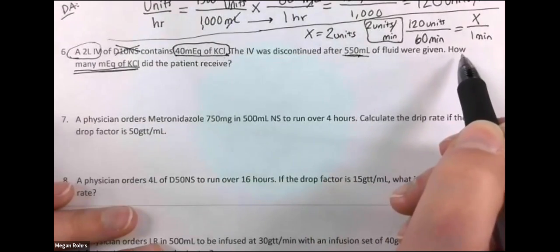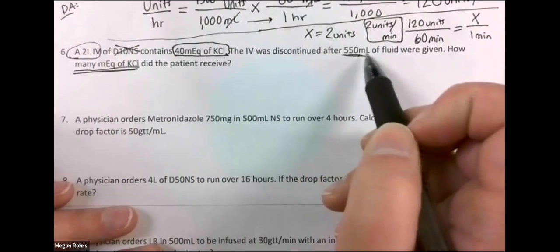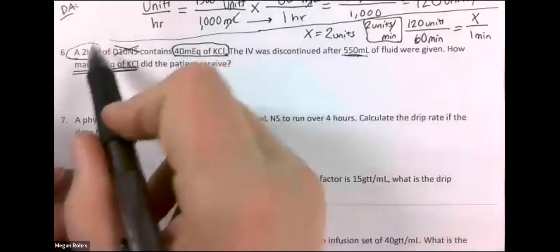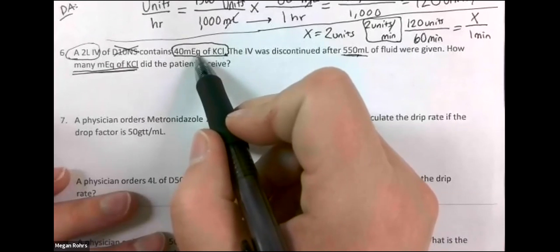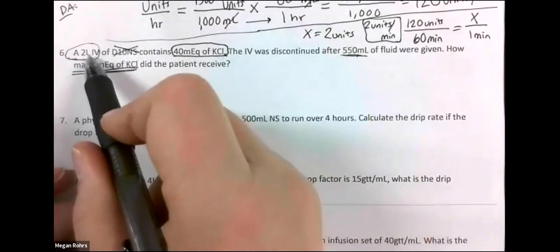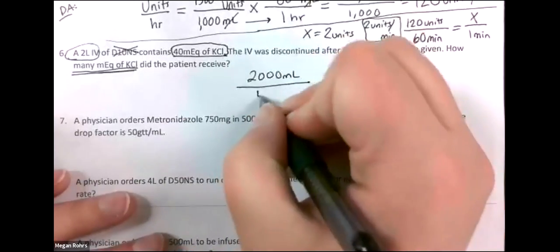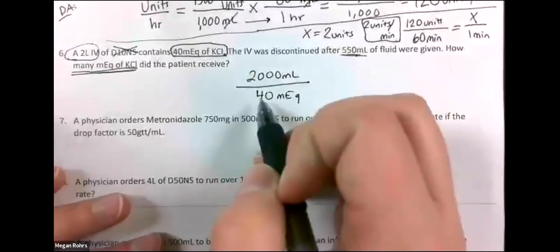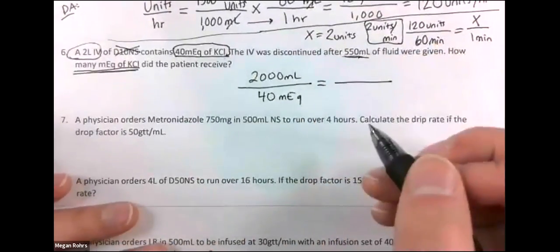So the question's asking how many milliequivalents were in that 550 mils, okay? So let's start with what we know. We know that 2 liters has 40 milliequivalents of potassium chloride. Okay, so 2 liters is the same thing as 2,000 milliliters. And we know that there are 40 milliequivalents in that 2 liters. Now we can set this up equal to what we're looking for.